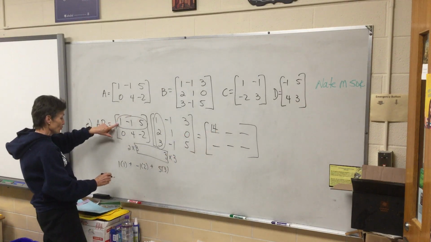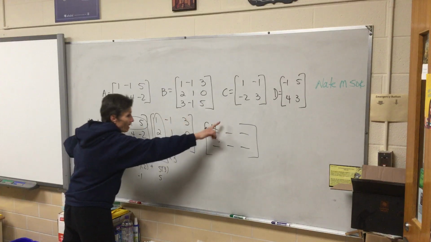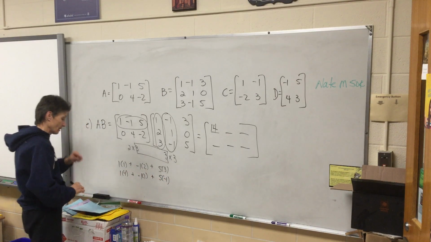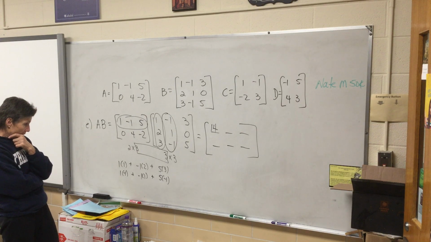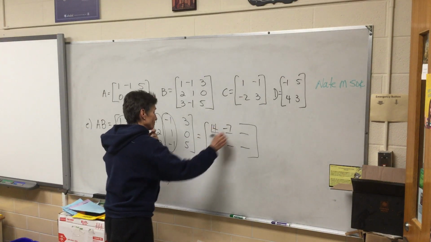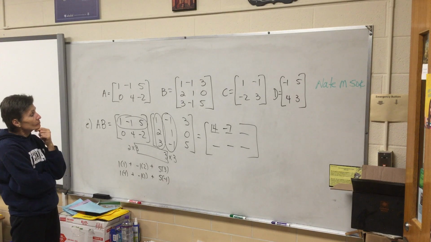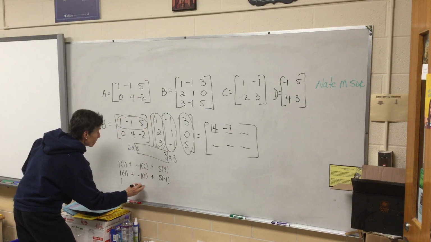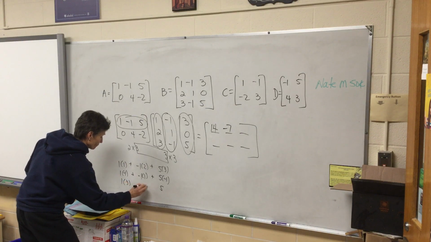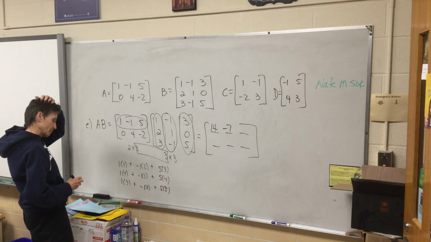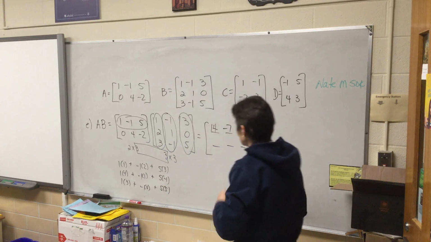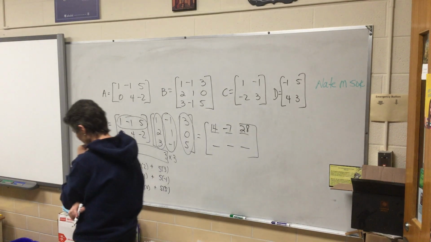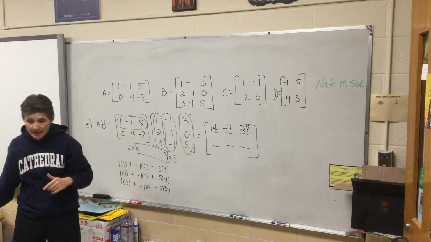We'll come over here. That's first row, second column. And I think that one is negative 7. And then finally, first row, third column. We got 28. All right, you go ahead and fill in that bottom row.